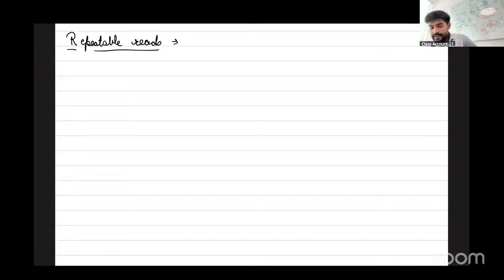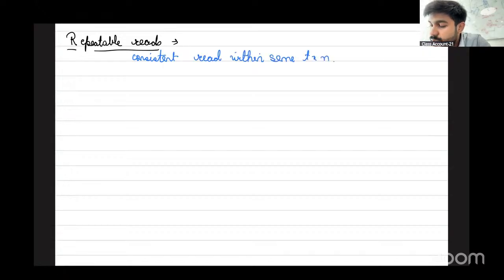Consistent read within the same transaction. This is what is meant by repeatable reads. Let us understand that.